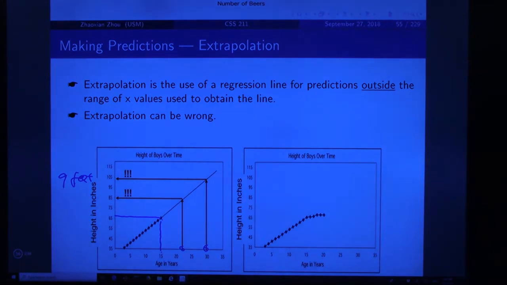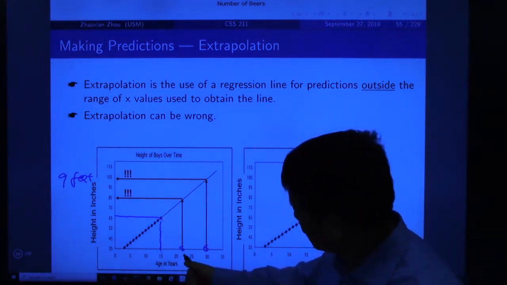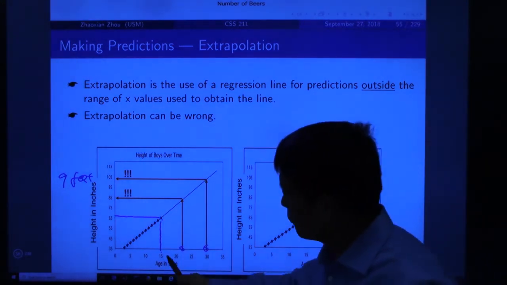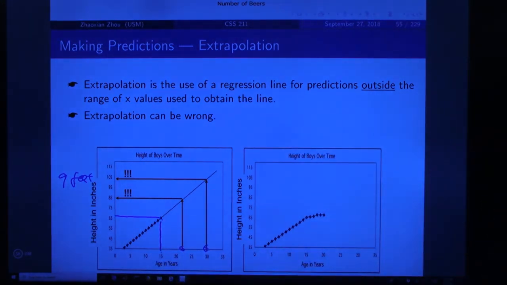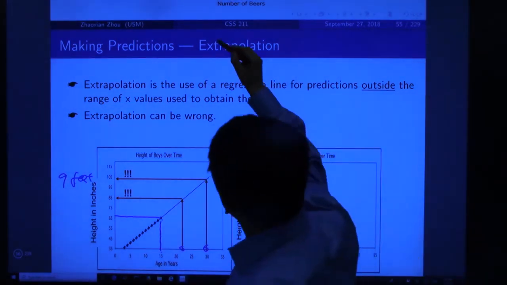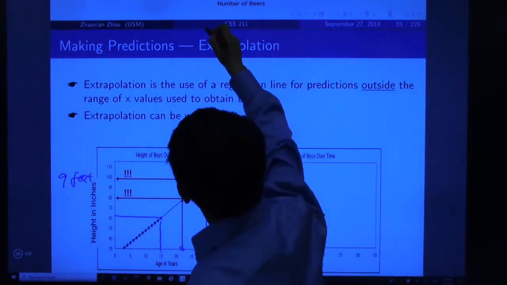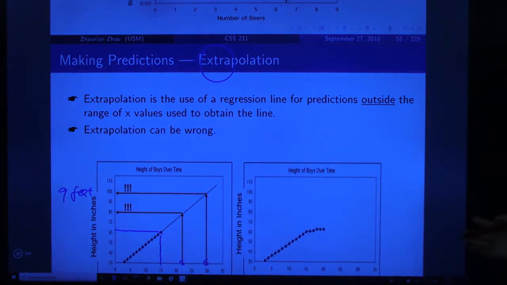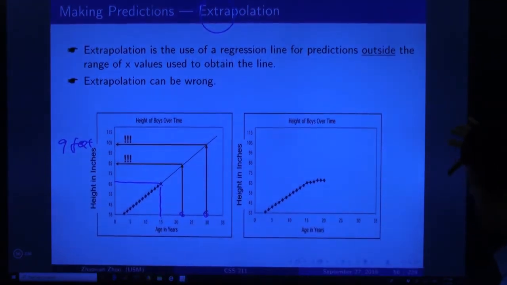But you predict for ages 22 or even 30. These ages are outside the range. That is called extrapolation. And as we can see from here, prediction from extrapolation is not reliable. So if you want to make predictions from extrapolation, you need to be very careful. This may not be correct.